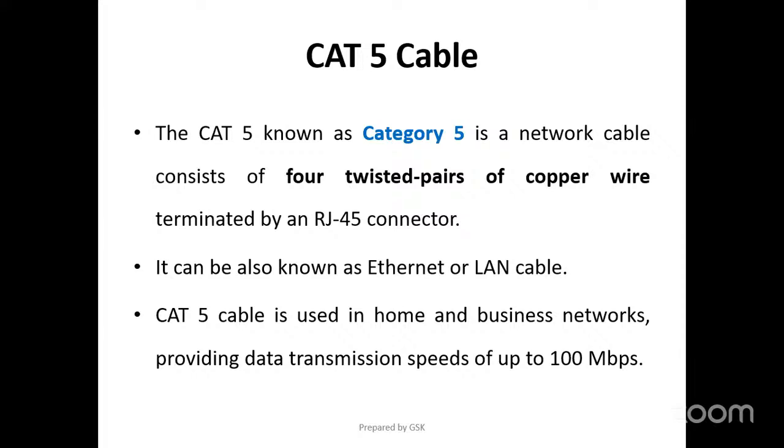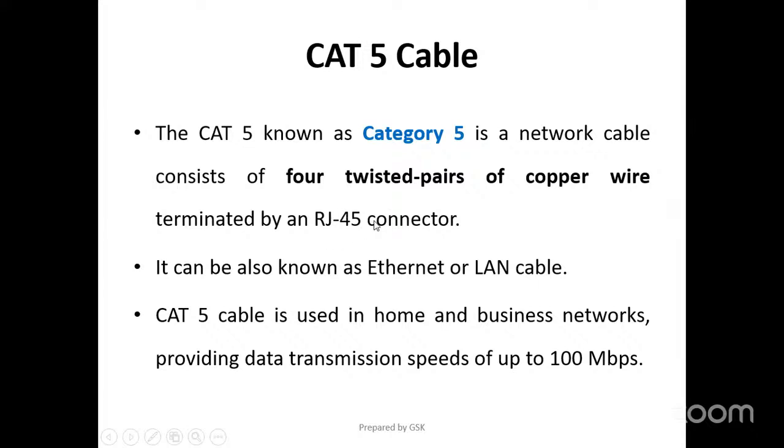Next type of connector is the Cat5 cable. Cat5 means category 5. Category 5 is a network cable that consists of 4 twisted pairs of copper wire terminated by an RJ45 connector.